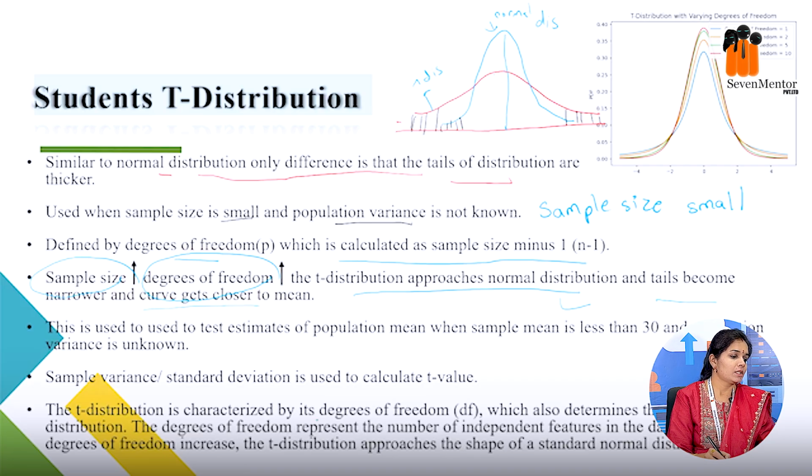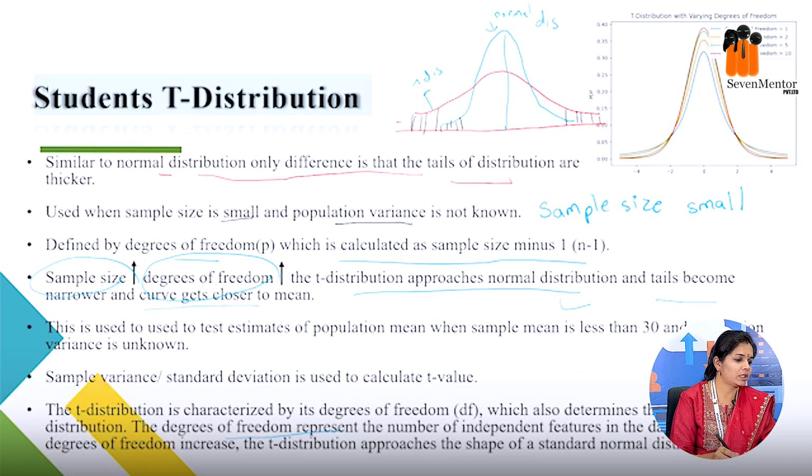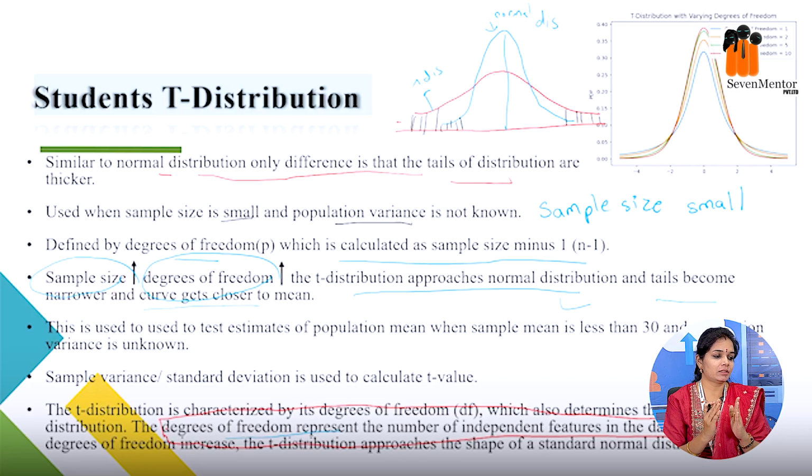The important point I wanted to tell you is degrees of freedom. I'll highlight this with red color. Degree of freedom, a very important point. It determines how we get thinner tails, how we get a normal distribution, and how the curve gets closer to the mean. Degrees of freedom represent the number of independent features.